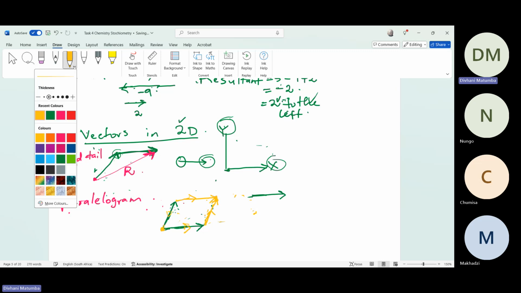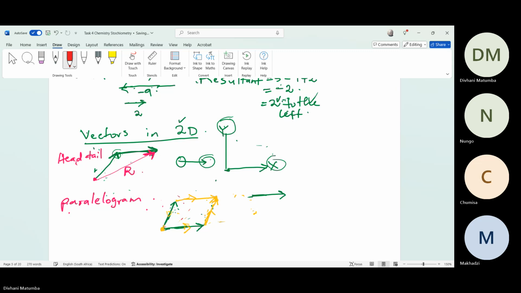If you join the two, this will be your resultant. So it's the same thing. If you look at it, it's the same thing. So this is how you represent your resultant if you are given two vectors that are in two dimensions, two vectors that are not in a straight line. Okay.